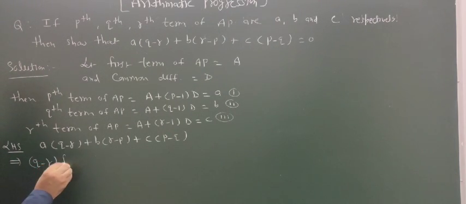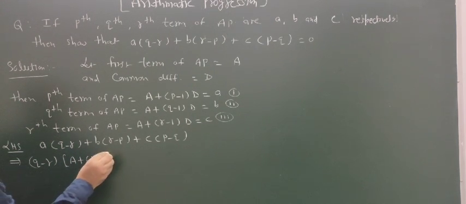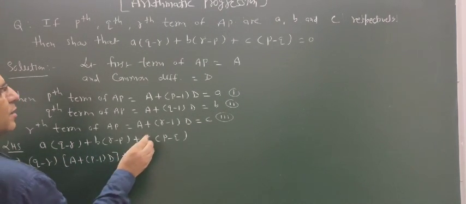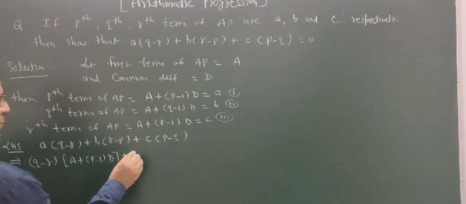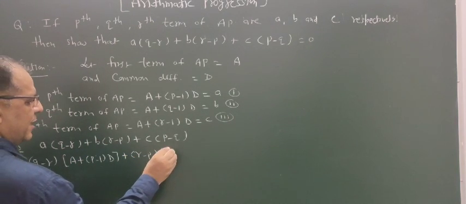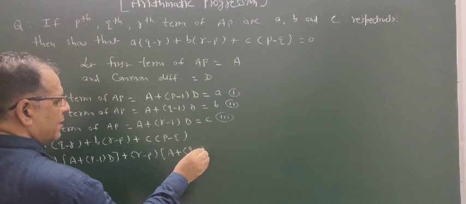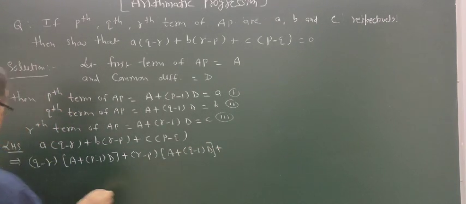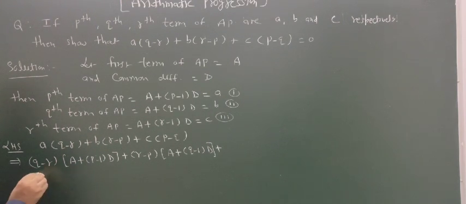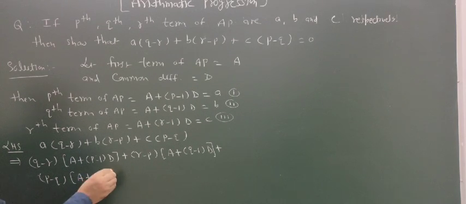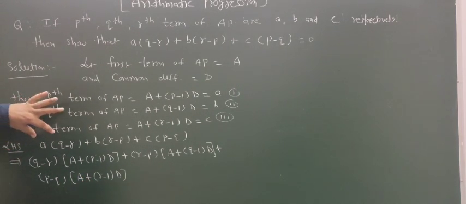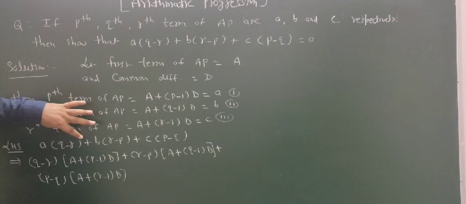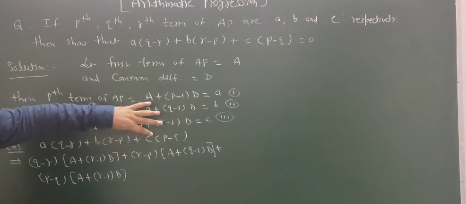So q minus r is here, the value of a is A plus p minus 1 D, plus r minus p, the value of b is A plus q minus 1 D, and p minus q, inside the bracket A plus r minus 1 into D.